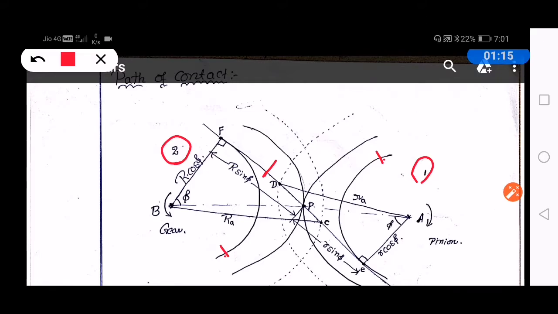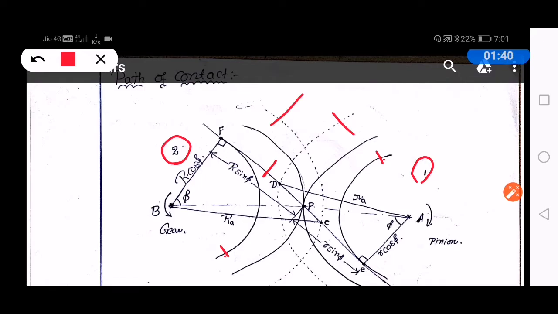The force from the pinion is transmitted to the gear along this direction EF. This one is called the line of action. And here, this one is the addendum circle of the pinion, and this one is the addendum circle of the gear.